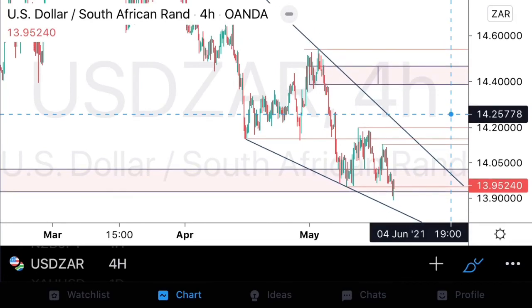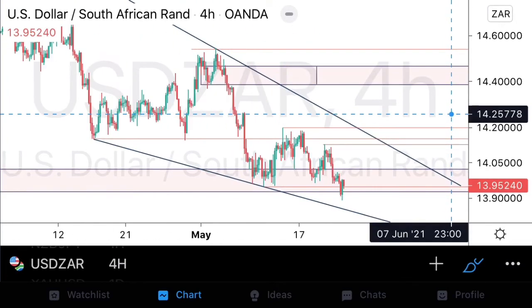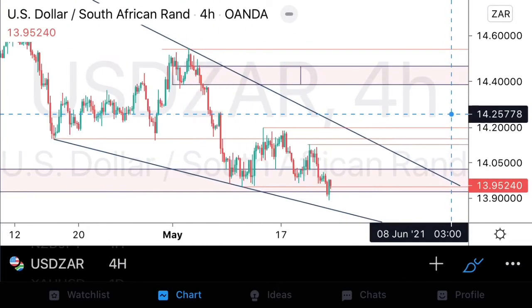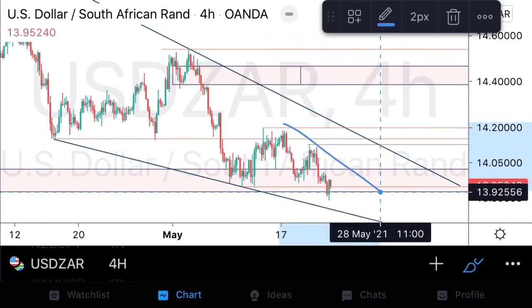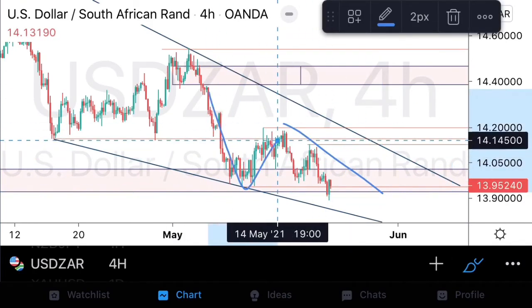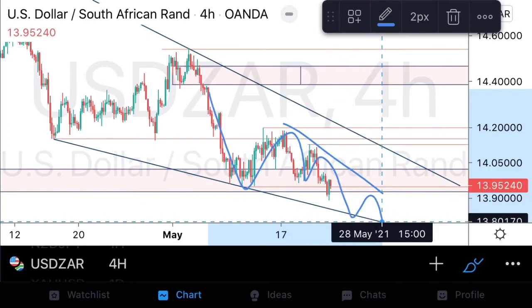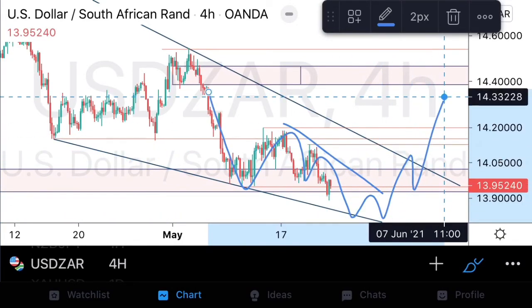So on USD ZAR, all we decided we're going to be doing was looking for USD ZAR to give us a structure to isolate so that we can manage our trade and try and get in as soon as possible, but not too late for any bullish momentum.